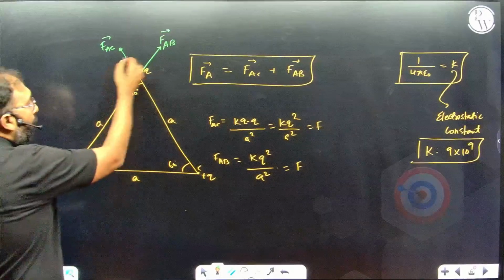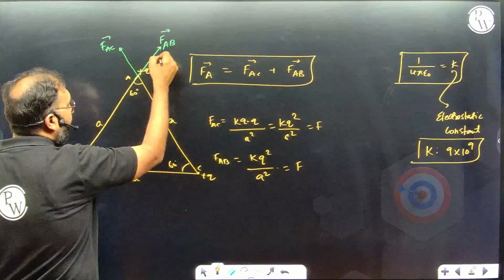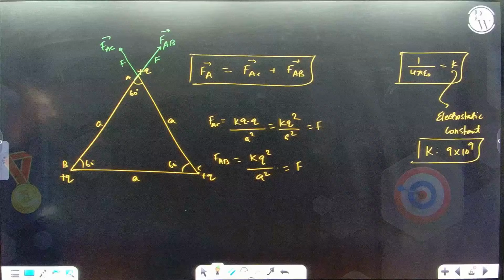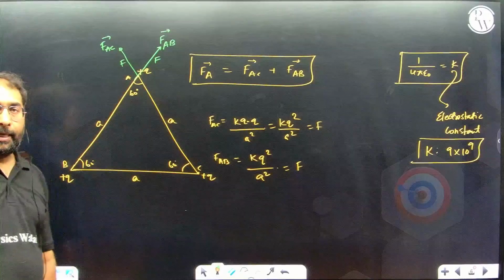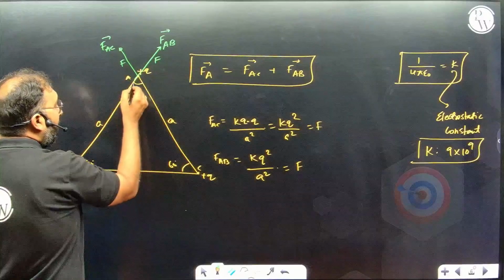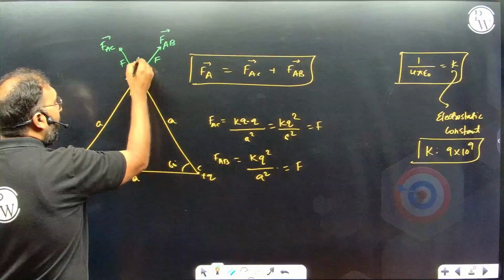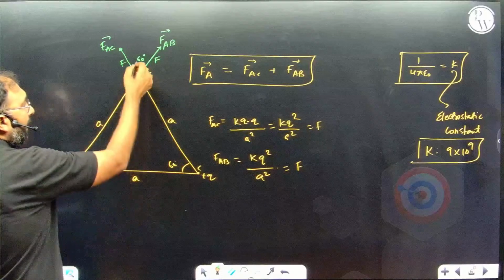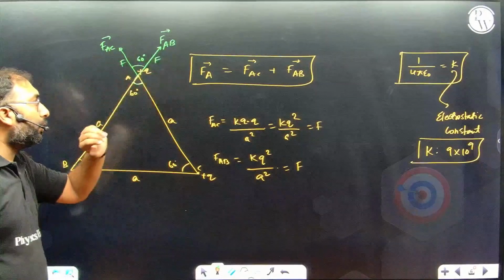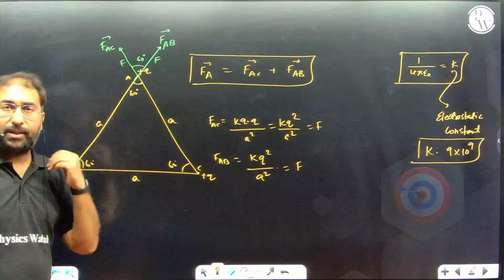These two forces have the same magnitude F, but the direction is not the same. I know that these two vectors are acting at an angle of 60 degrees. This angle is 60 degrees and the vertically opposite angle will also be 60 degrees. So these two forces which are equal in magnitude are acting at an angle of 60 degrees.